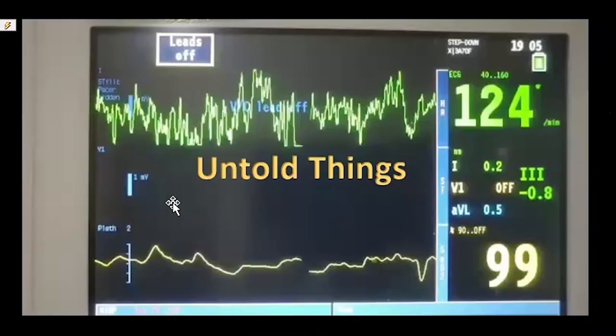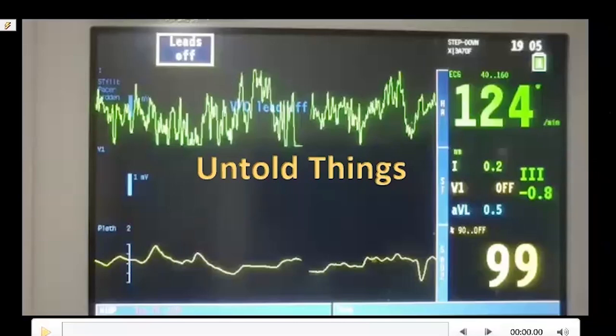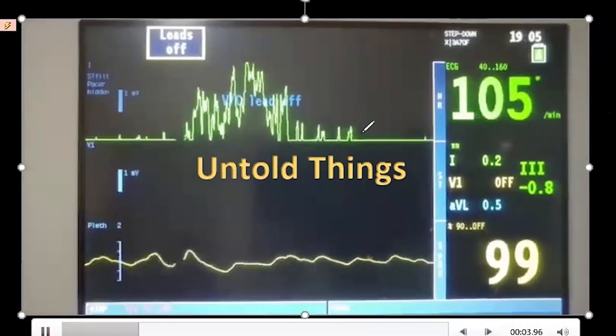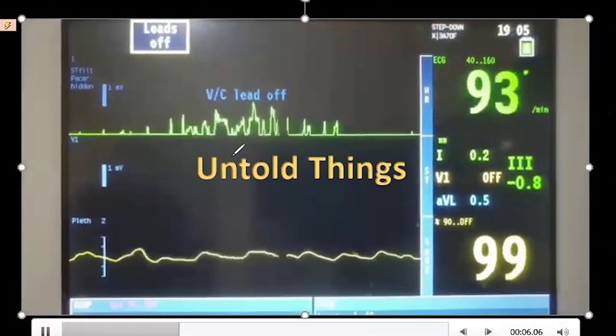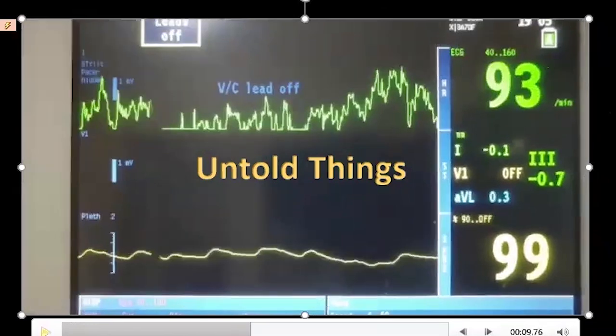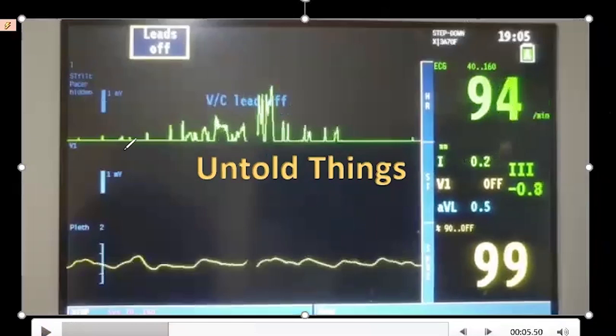So as you can see in this ECG, there is an irregular pattern. Now this can also be confused with ventricular fibrillation, but if you look carefully, there are some places with flat lines.